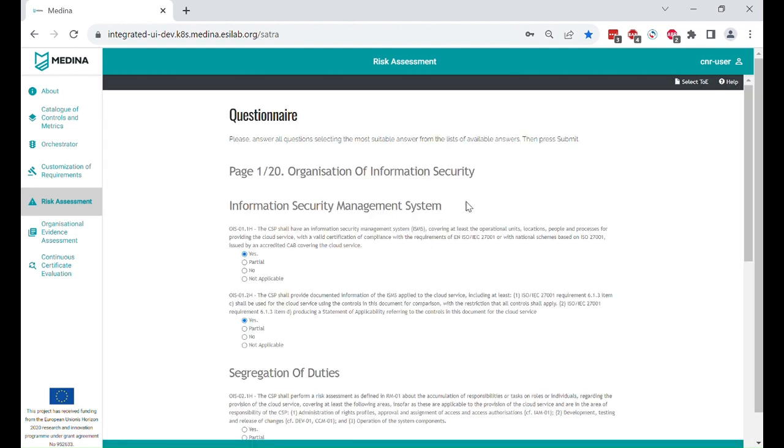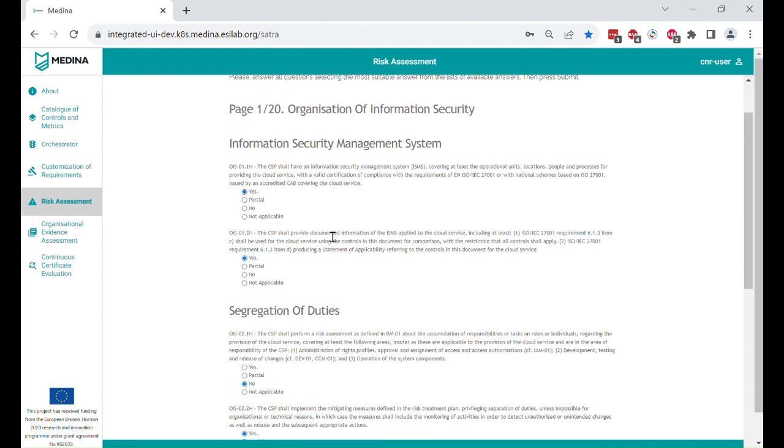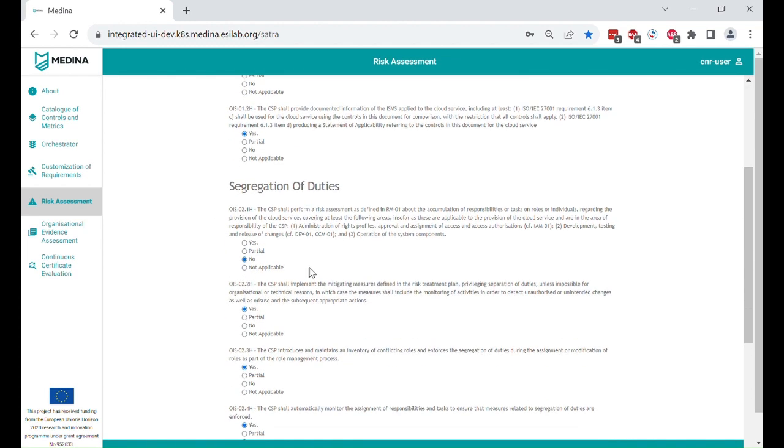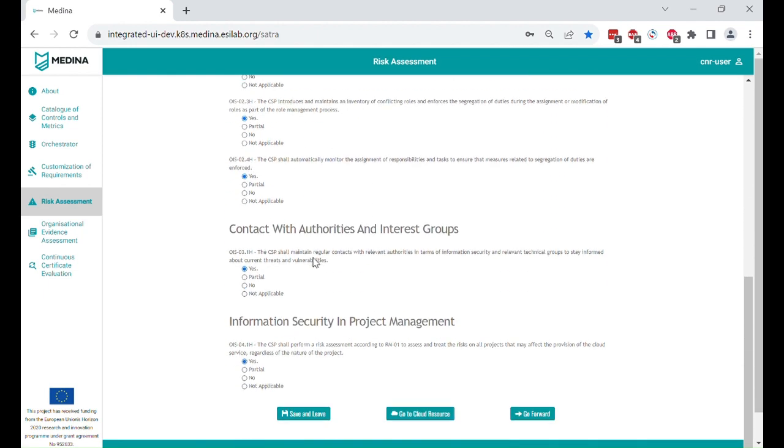And immediately, we are prompted to provide information about fulfilled requirements. As you can see, all the EUCS requirements are listed here, and the user must answer whether the corresponding requirements are implemented or not.